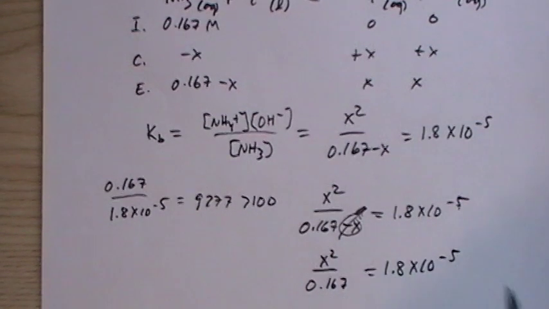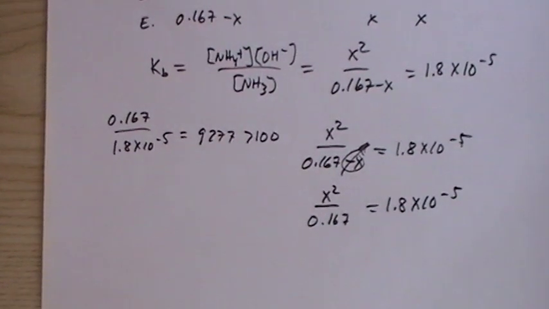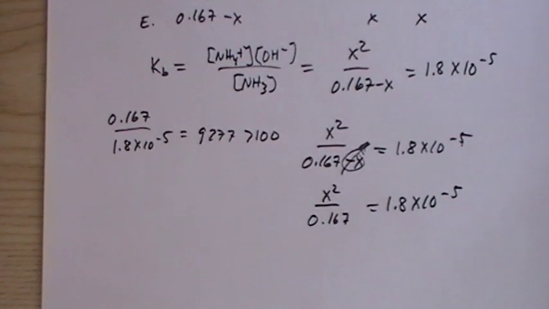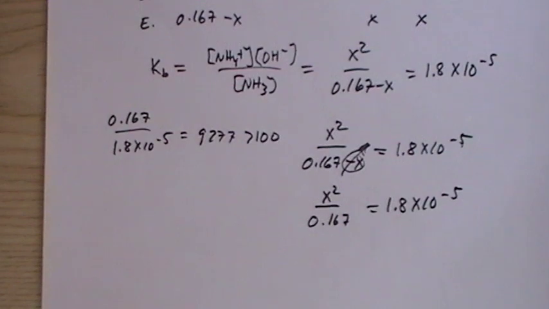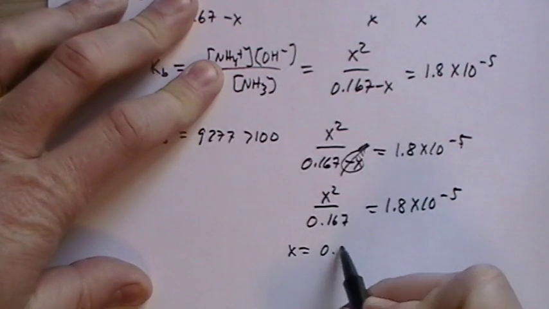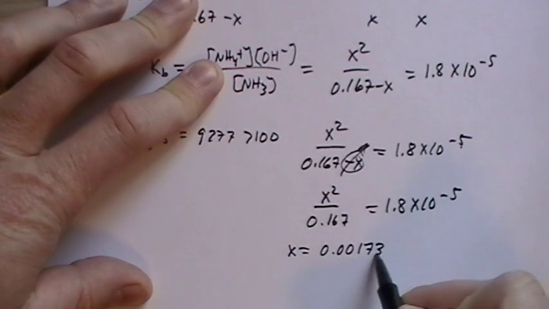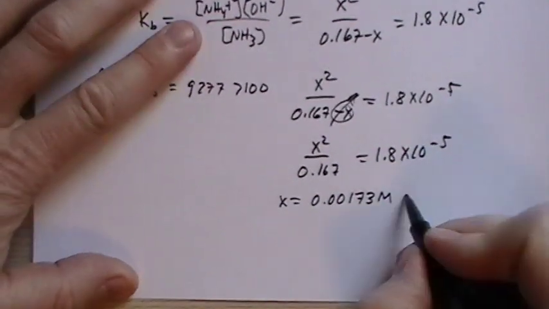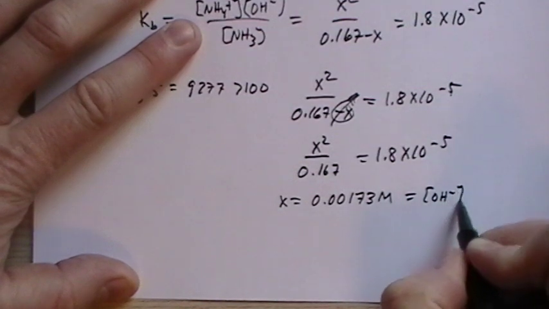So now we have this expression, and we have 1.8 to the minus 5 times 0.167, and then to the 0.5. And so x is equal to 0.00173 molar, and that is the concentration of OH-.